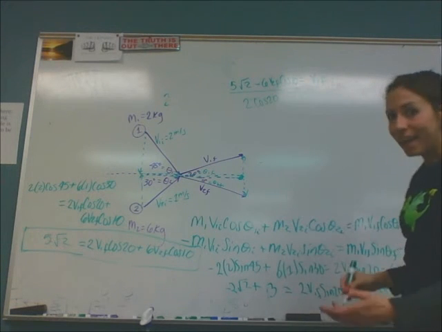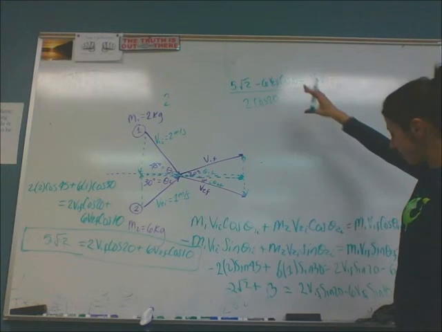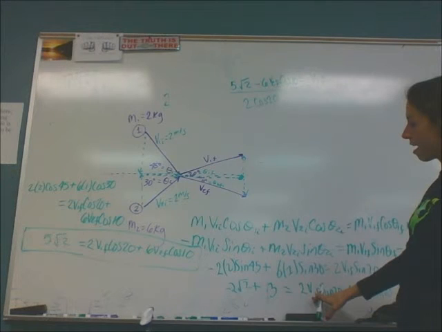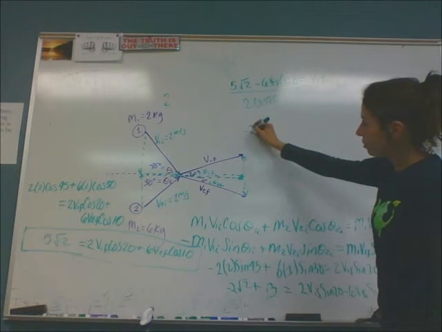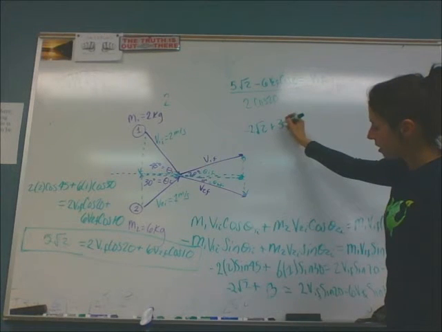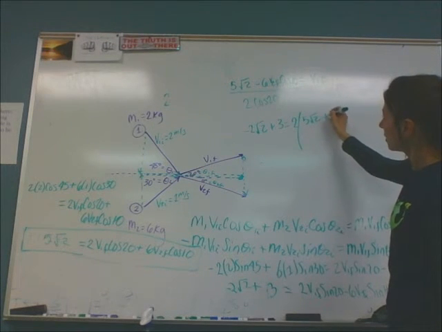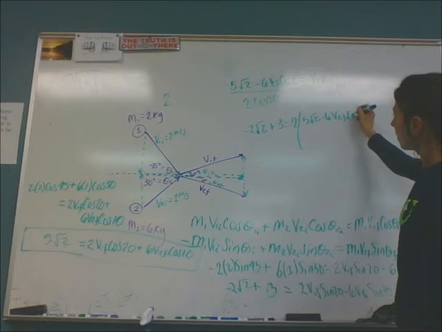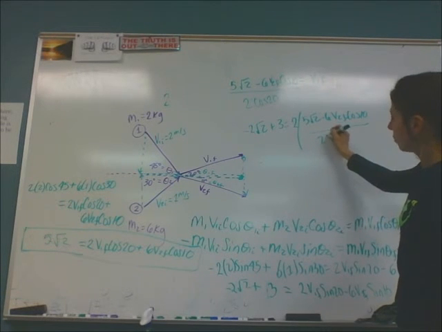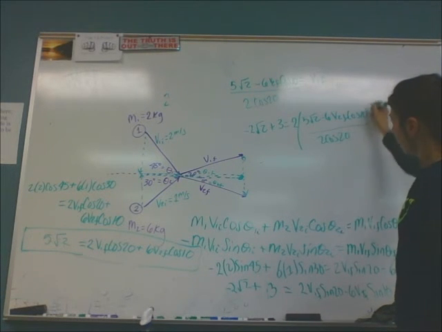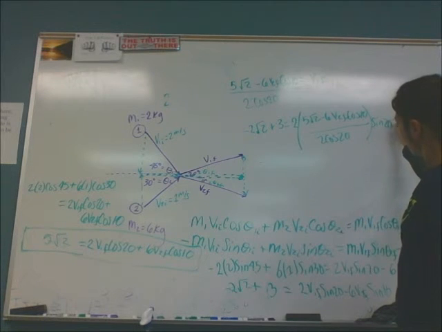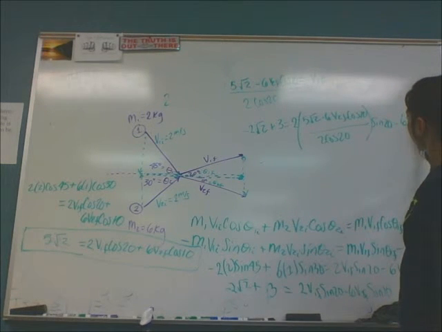Then I can take what this is and plug it in here for v1f. So I get negative 2 square root of 2 plus 3 equals 2 times 5 square root of 2 minus 6 v2f cosine of 10 over 2 cosine of 20 times sine of 20 minus 6 v2f sine of 10.